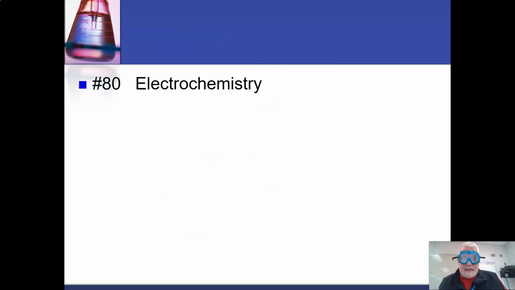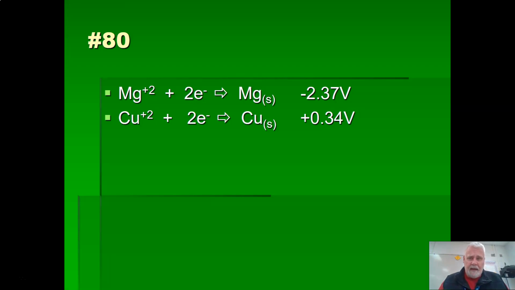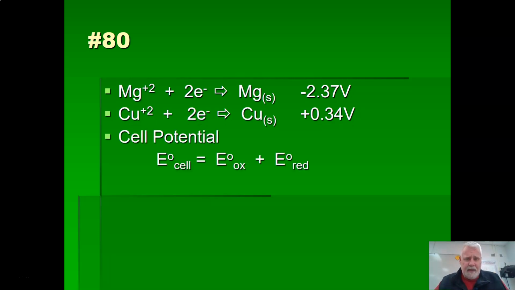All right, the last one is something that we covered fairly well, and that is electrochemistry. I'm going to have you write these equations down, and we're going to do one of these E0 cell problems that we've done before. This is actually a really easy problem if you just remember one thing.